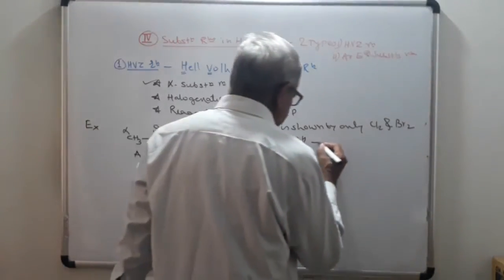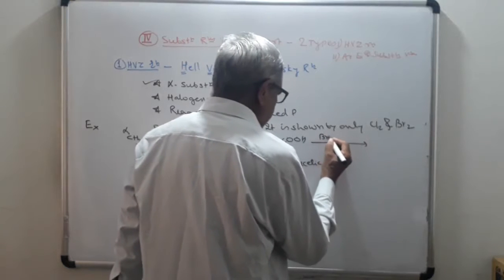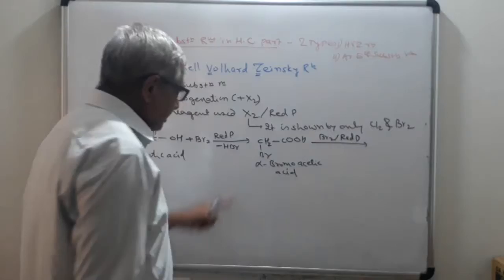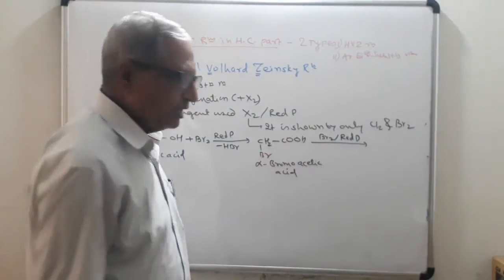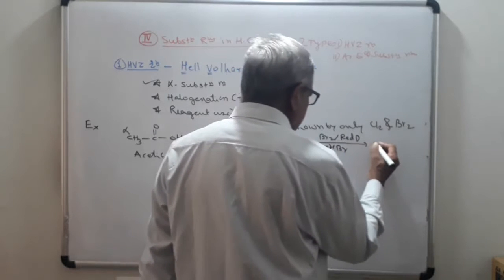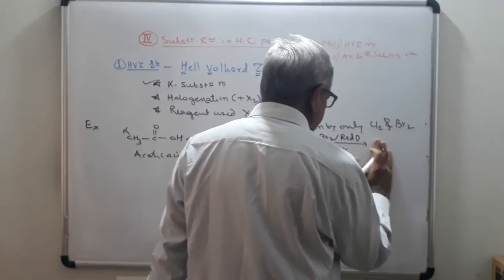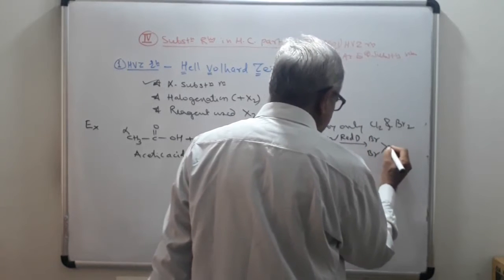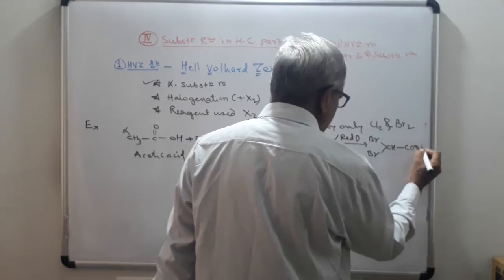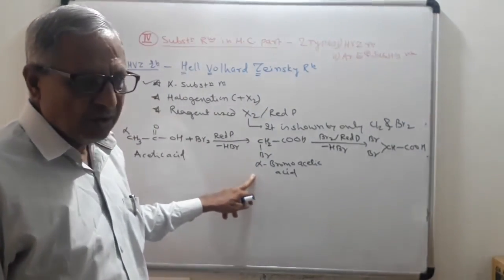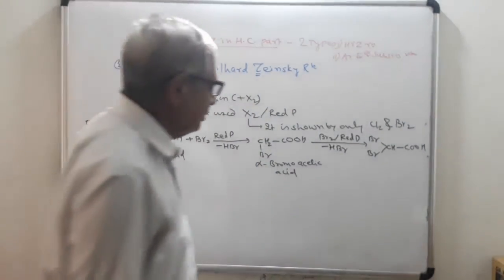Again it will react with a second molecule of Br2 in presence of red phosphorus. Same reaction, one of the hydrogens will be substituted by Br and one HBr molecule is removed. So you will get CHBr2COOH, alpha alpha dibromoacetic acid or 2,2-dibromoethanoic acid.